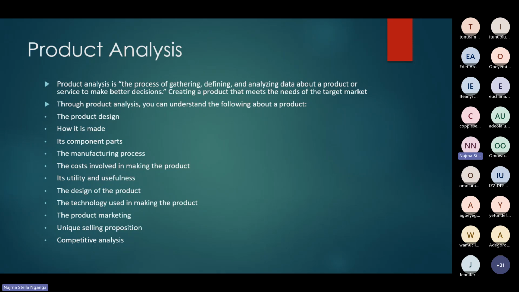And then there's also the competitive analysis. What are your competitors doing? What are their strengths? What are their weaknesses? How is it going to affect your business and what should you do about it? Okay. So these are the things that you are going to be looking at.